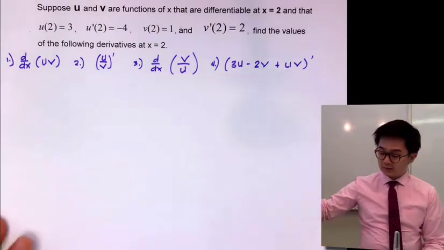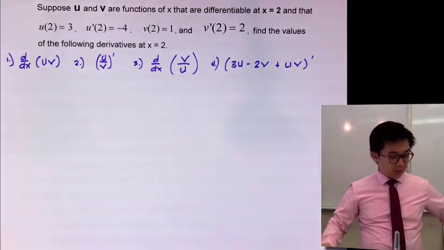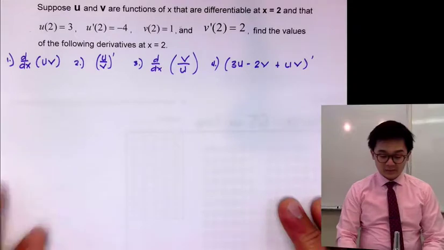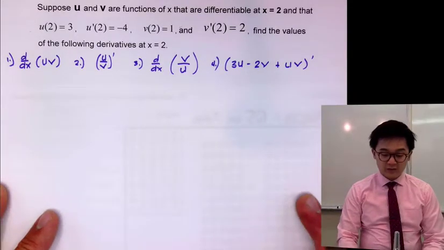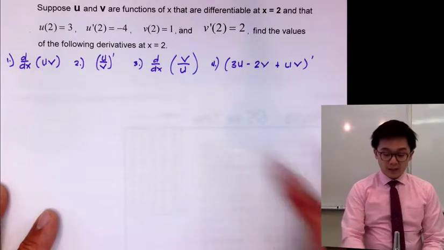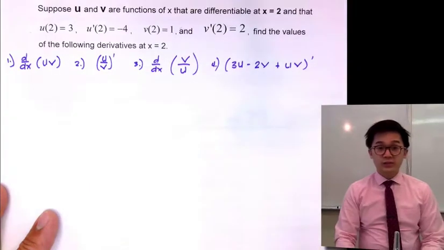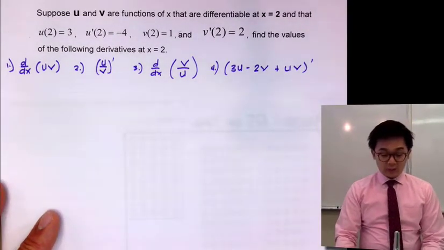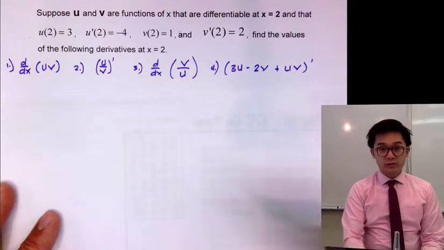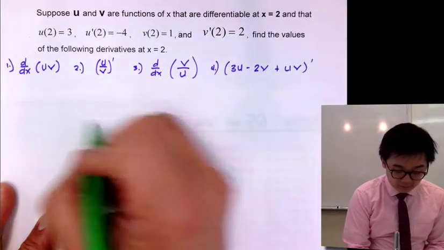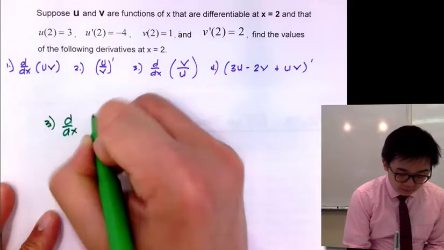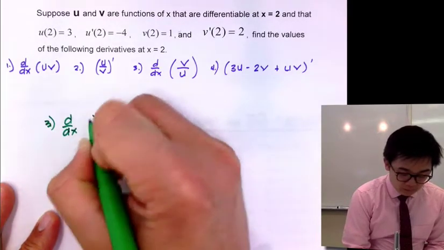Now let's see how it differs from problem number 3. For problem number 3, it's still the same thing. We're just going to find the derivative of v over u this time. And notice that the notations are different. So the key here is understanding the notation that we use in calculus to be able to answer simple problems like this. So for number 3, we're finding the derivative of v over u in terms of x.